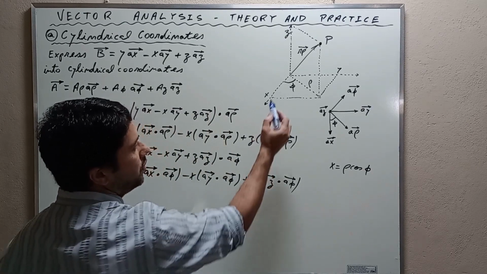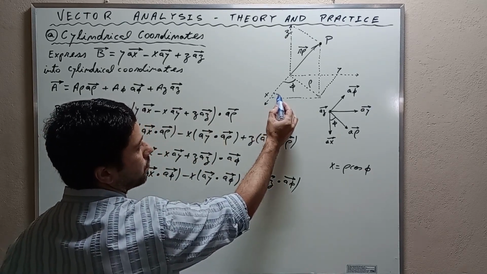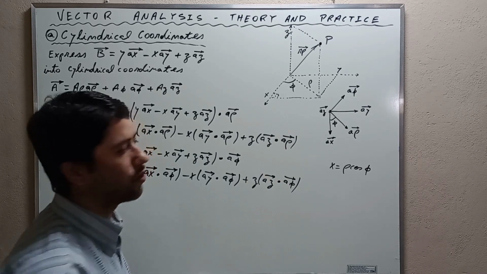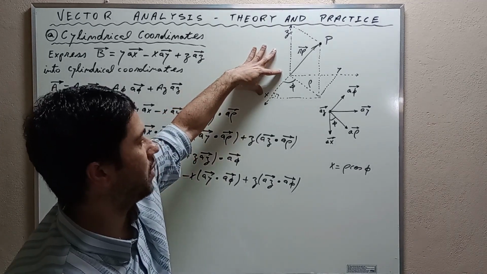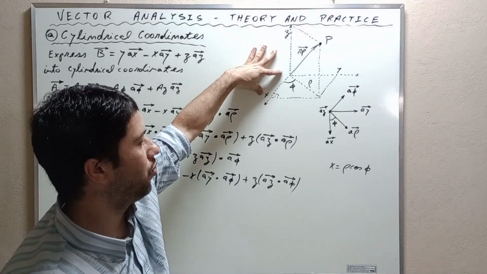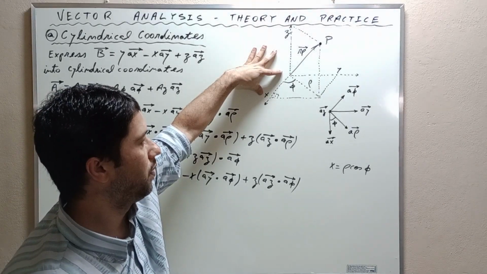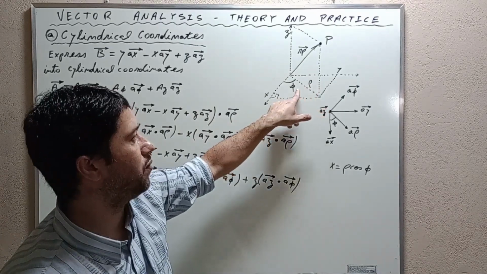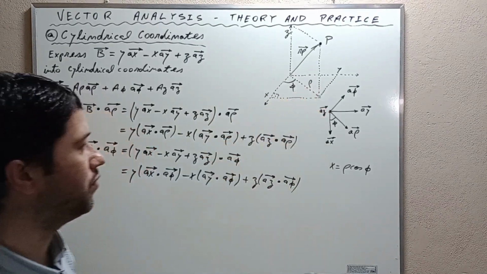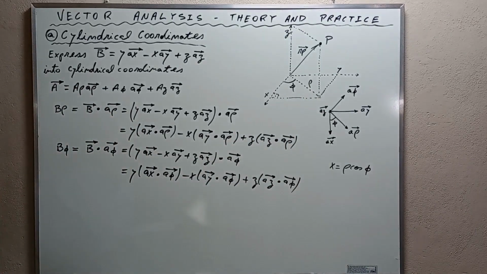Okay, this is a right triangle, and ρ is the hypotenuse of this right triangle. And in this way, the x component is going to be simply the hypotenuse of the right triangle times the cosine of the angle phi.